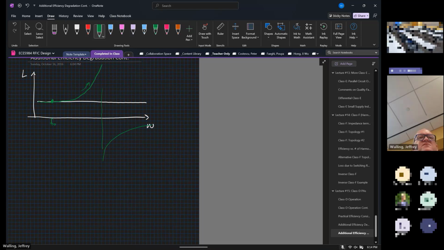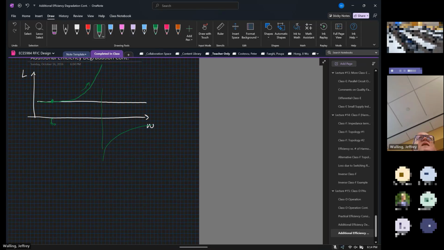Now, it just so happens that our definition for quality factor, the convenient definition, I should say, is that it's equal to reactance over resistance. And unfortunately, at self-resonant frequency, what do we say happens to the reactance? It goes to 0. Well, the reactance doesn't go to 0. We have a canceling reactance.